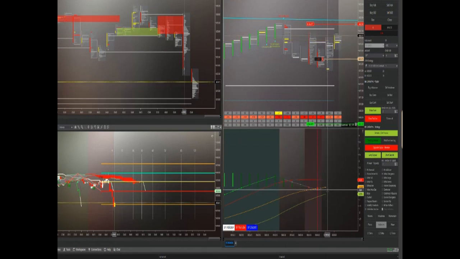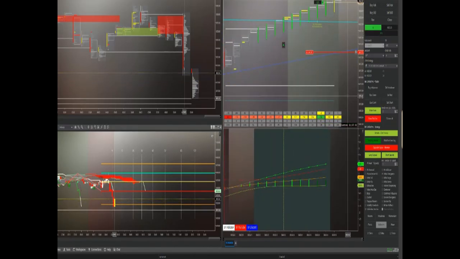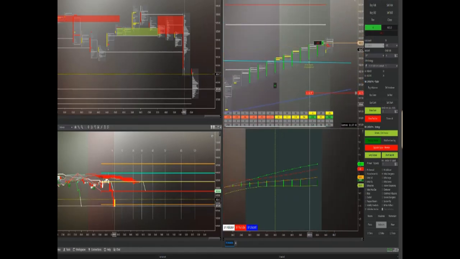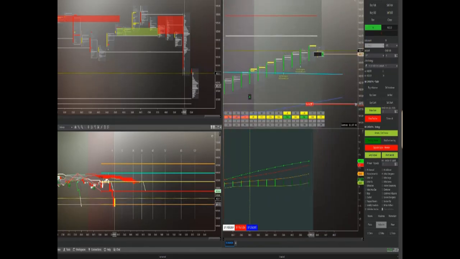This looks like it's wanting to continue here to the bullish side. What I like about order flow is it's never late, guys.